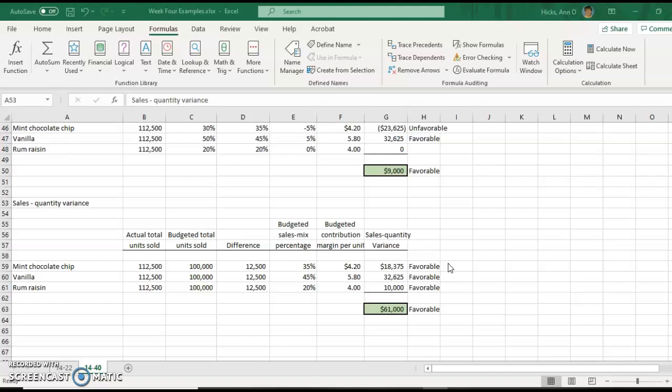But if you think about it, I want you to at least understand the concept that if our sales go up in quantity, it's either because the size of the market increased, there were more customers out there, or because our share of the market went up. And it's important from a management perspective to understand how much arose from which. If the market size increased, that's great.